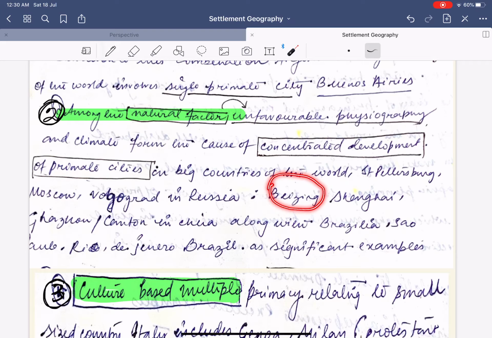Similarly, you can see Beijing, Shanghai, Guangzhou, Canton in China, along with Brasilia, Sao Paulo, Rio de Janeiro in Brazil. These are basically located very close to each other because of physiographic problems. For example, in Russia, these cities are located in the western corner.